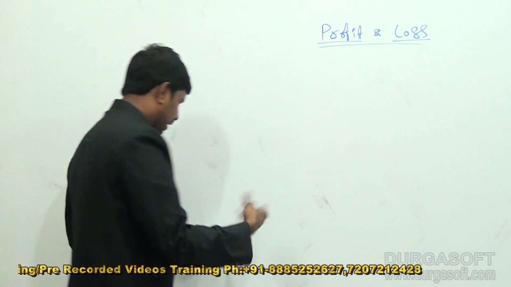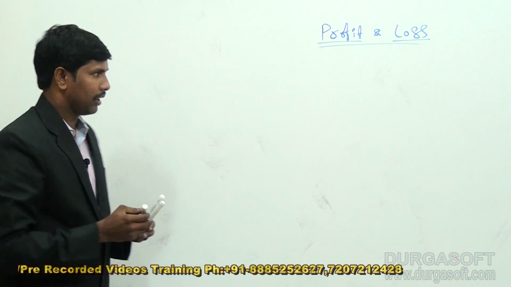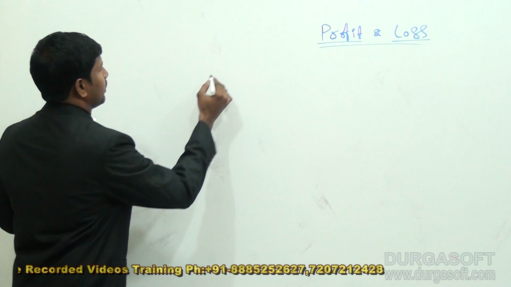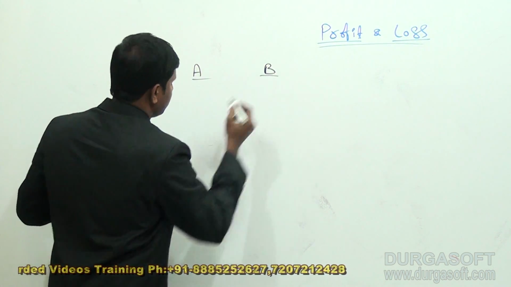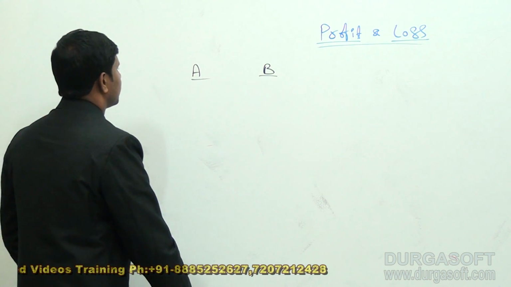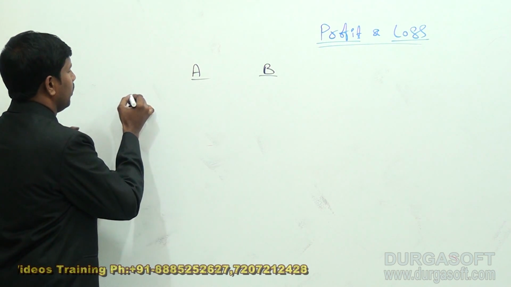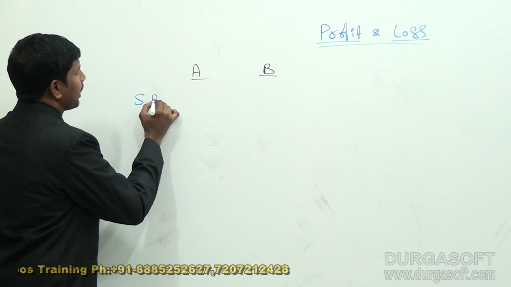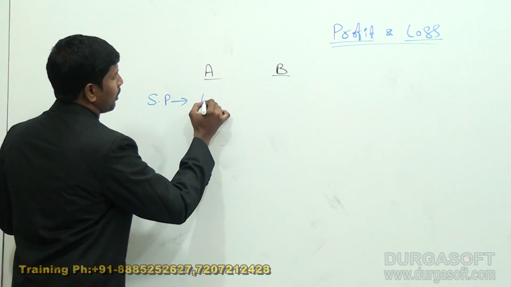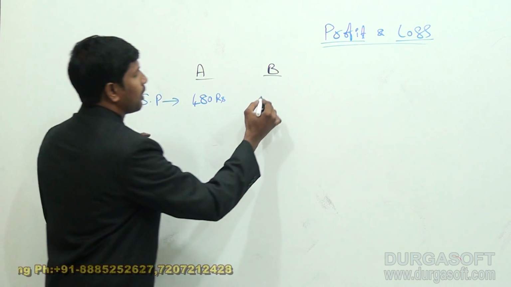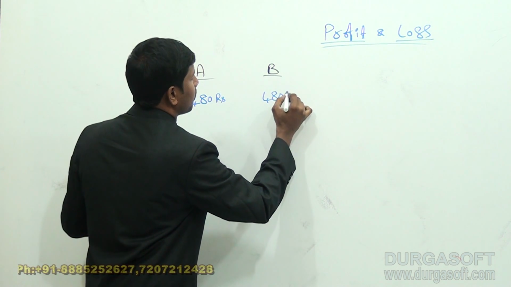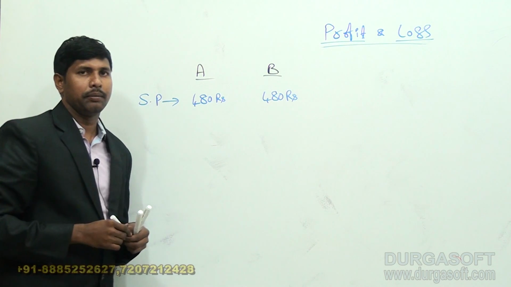Now let us take another situation, like there are two articles, article A, article B. Now in this case, the selling price of the first article was 480 rupees and the selling price of the second article also 480 rupees.